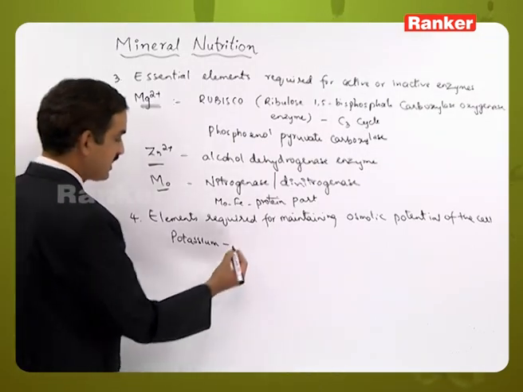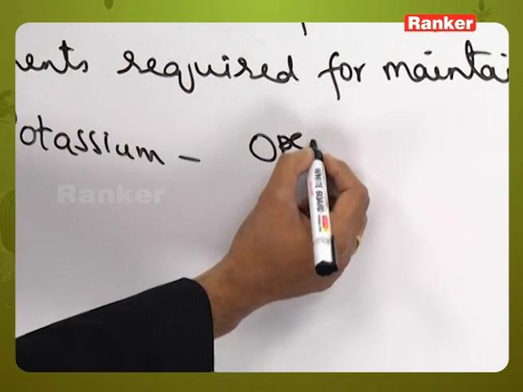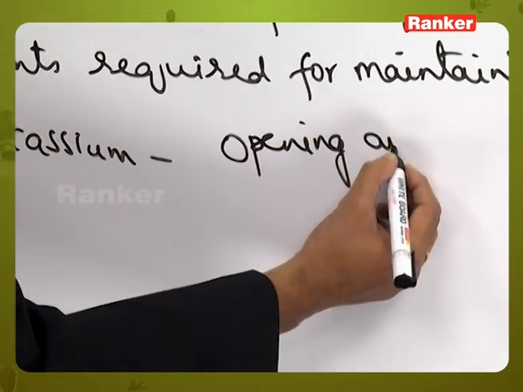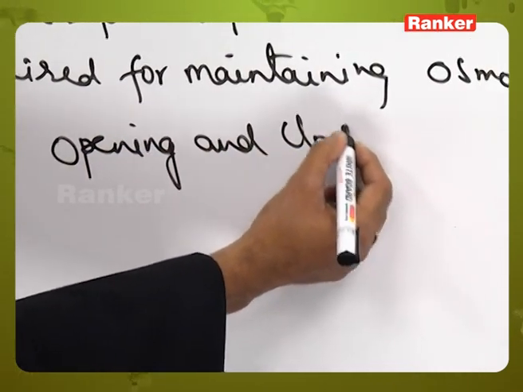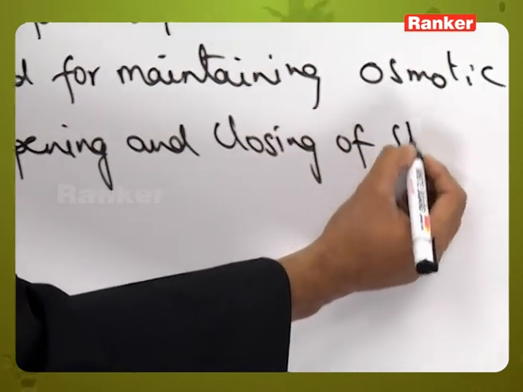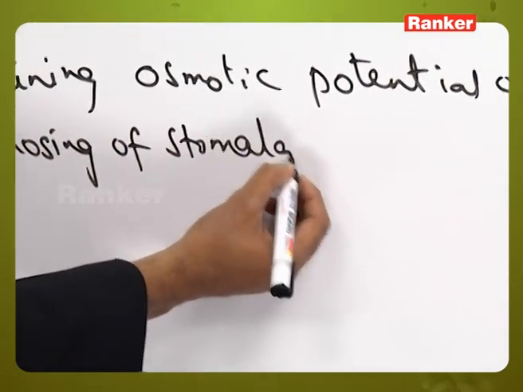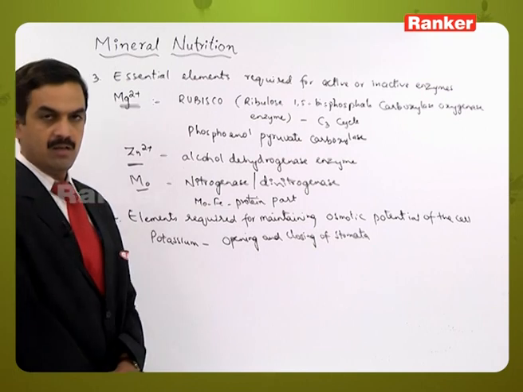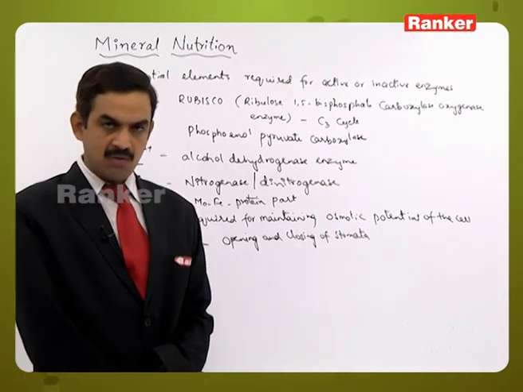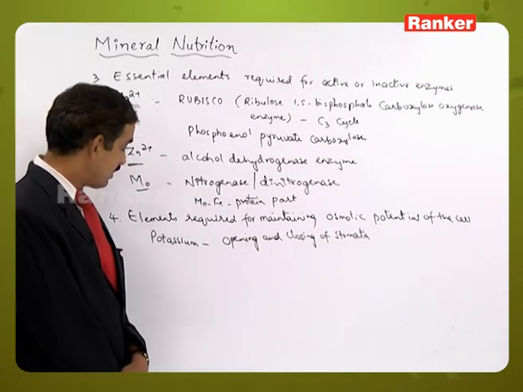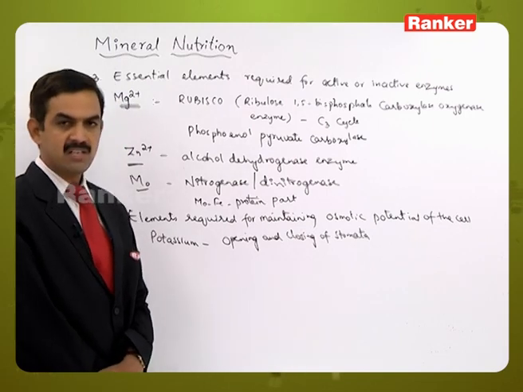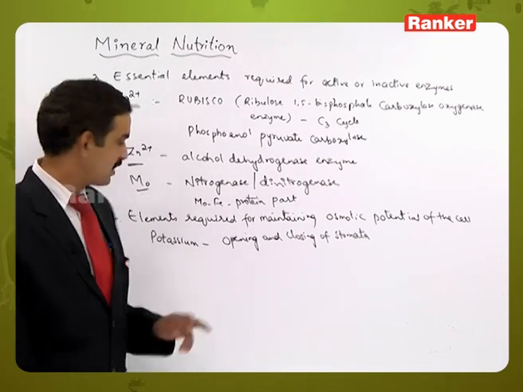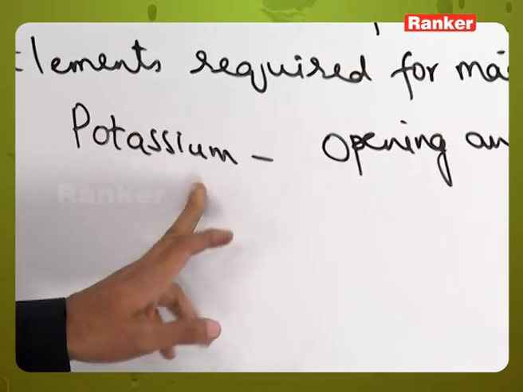So this is a one which is helping in the opening and closing of stomata. So the stomata will close and open based on the flaccidity and turgidity of the guard cells. So likewise here the turgidity and flaccidity are operated based on the concentration of the potassium ions.